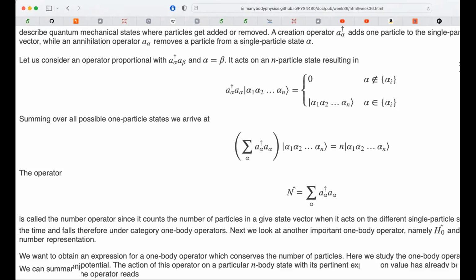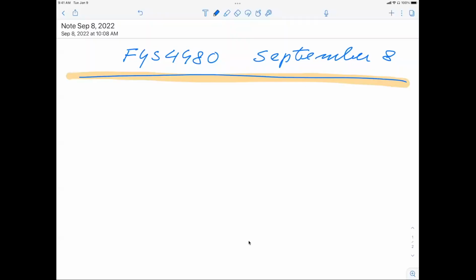So what I'm going to do now is simply switch back to the whiteboard, and we are going to take a look at applications of these creation and annihilation operators to the calculation of properties of the number operator.